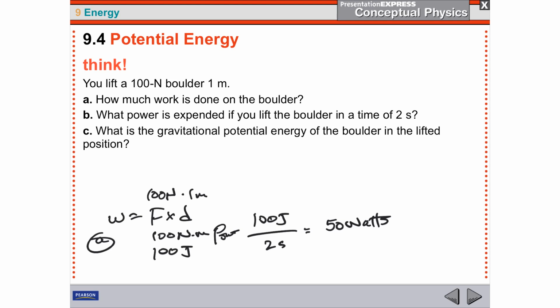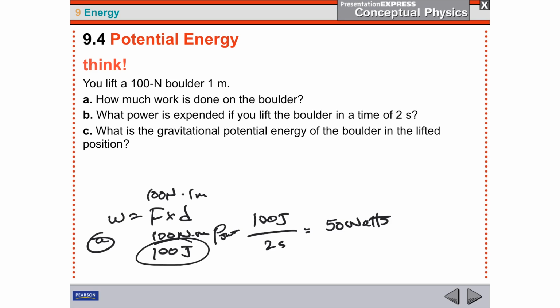What's the gravitational potential energy of the boulder in the lifted position? Well, how much work has been done on it? 100 joules of work. That's how much energy it's got. So I put 100 joules of work into an object. It now has energy because it now can do work. If that boulder could fall on something, it could make something happen. If it was water, it could make something happen. If it was a hydroelectric plant, that water could now move a turbine.